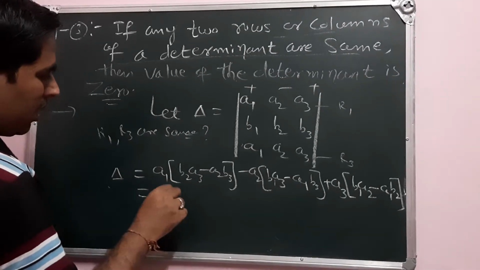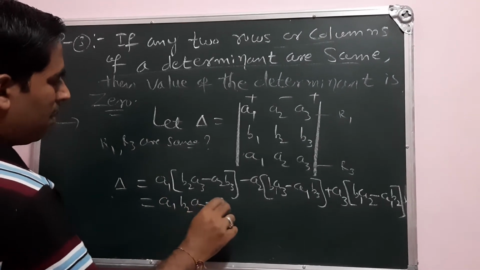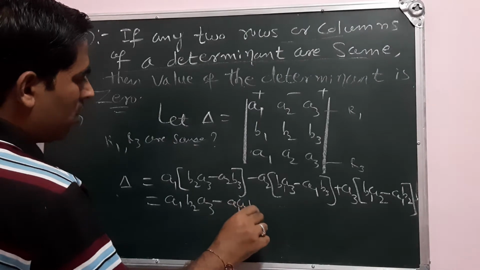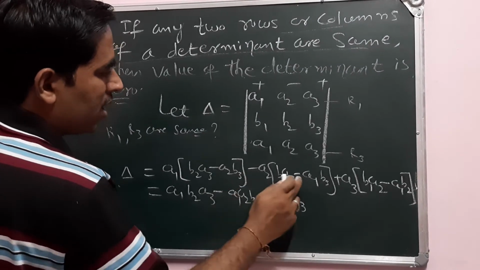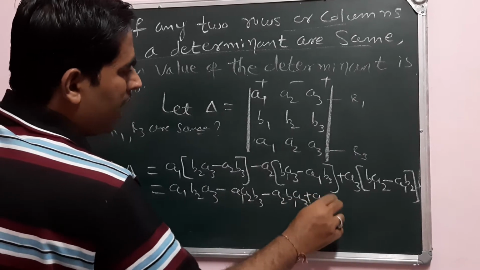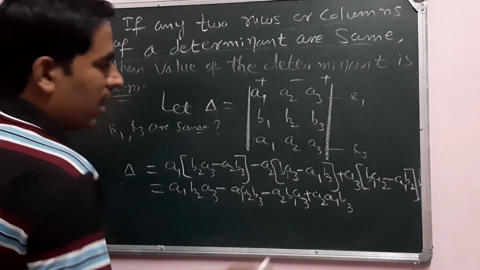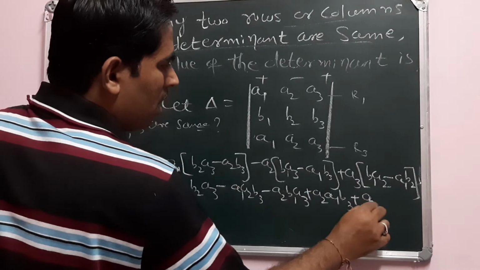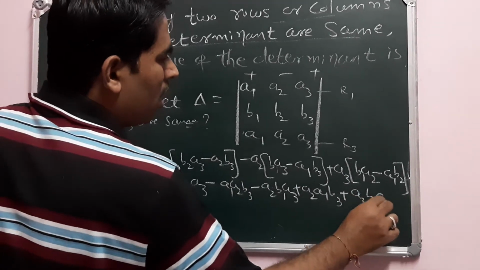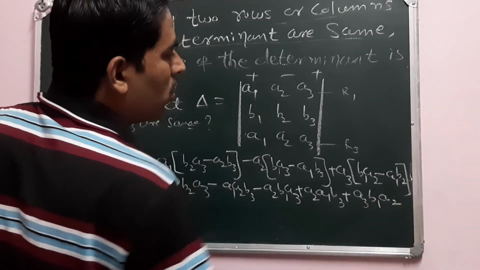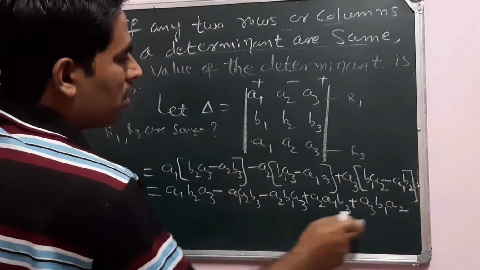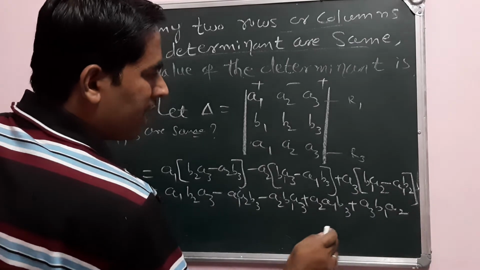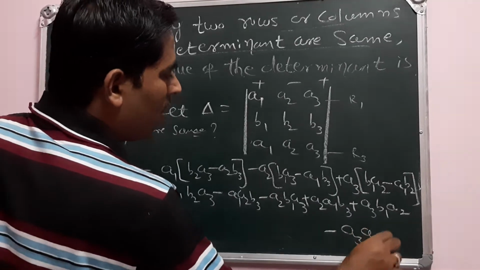Let us multiply: a1 b2 a3 minus a1 a2 b3, minus a2 b1 a3, minus into minus will be plus a2 a1 b3, then plus a3 b1 a2, then plus into minus, it will be minus a3 a1 a2.